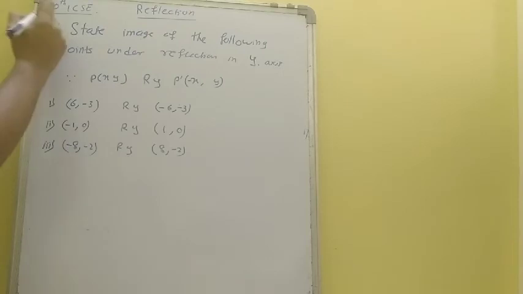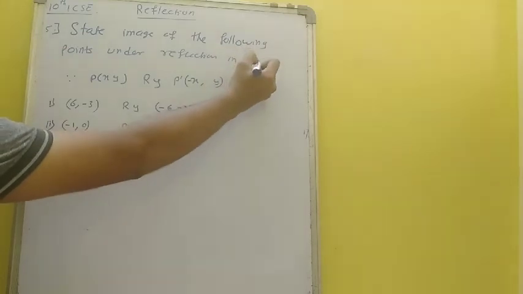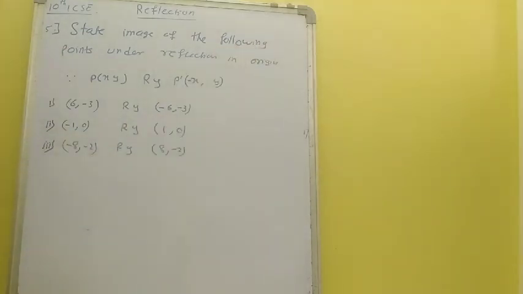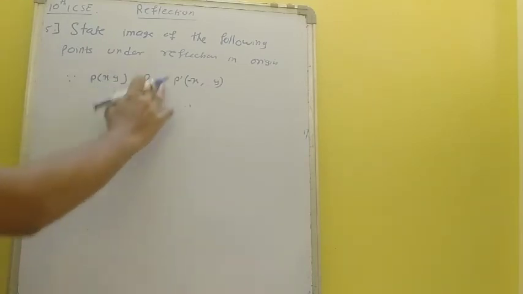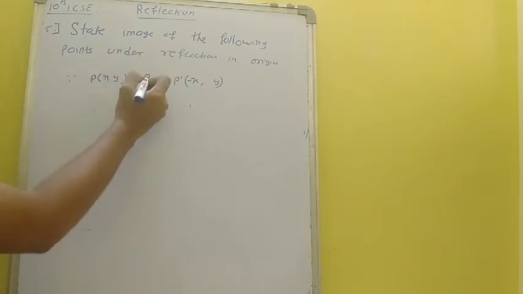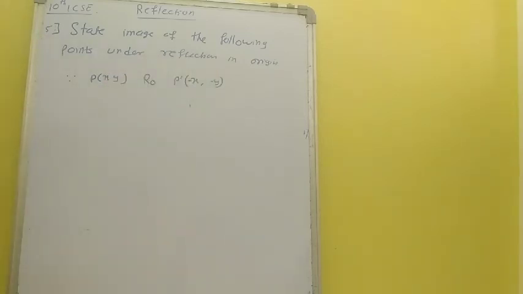Now for the fifth one, state the image of the following points under the reflection in origin. Okay. So, if point x, y is reflected in origin, x will become minus x and y will become minus y. The very first question under the fifth one is minus 2, minus 4.